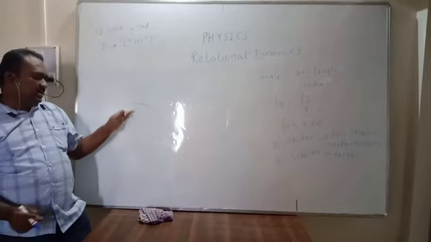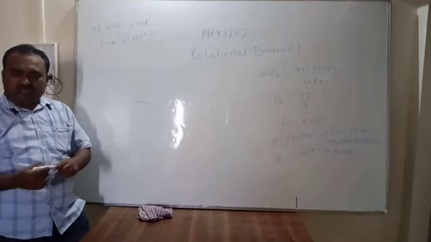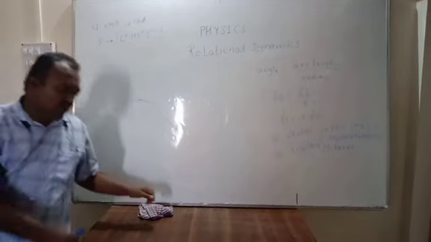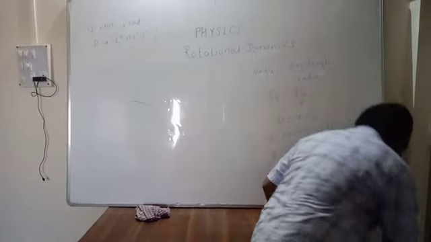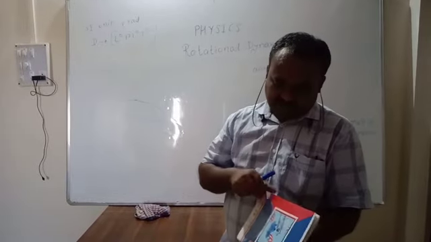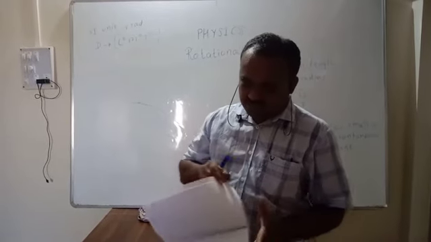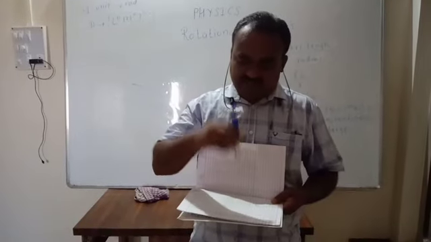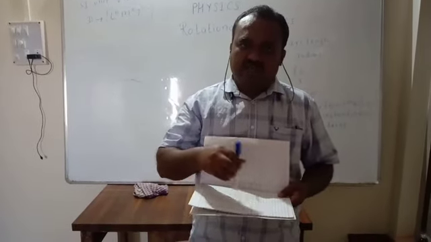Consider the circle in the horizontal plane, and the axis is in the vertical plane.